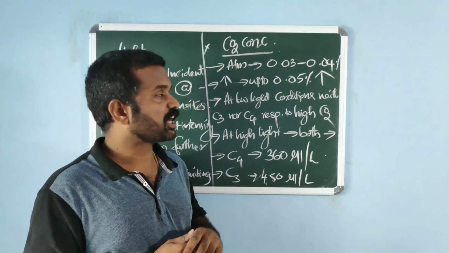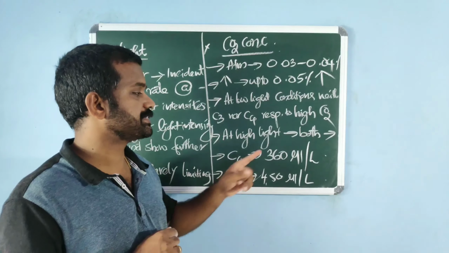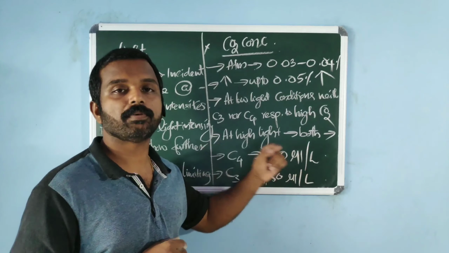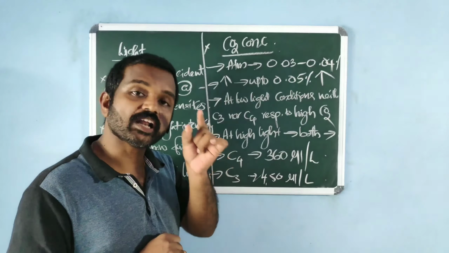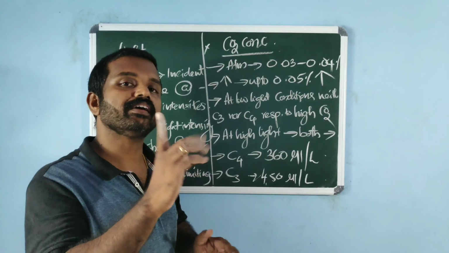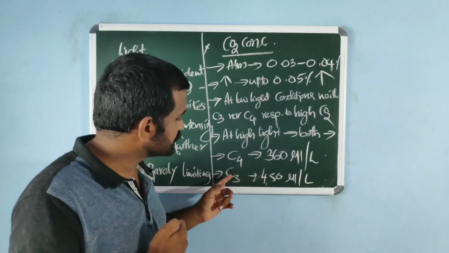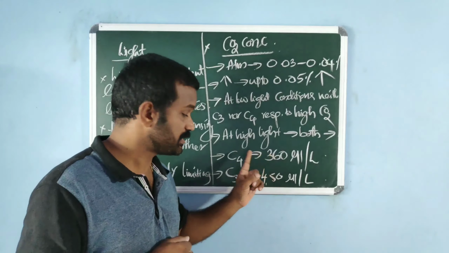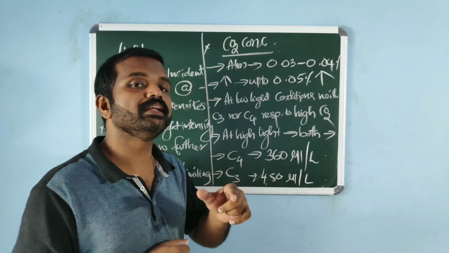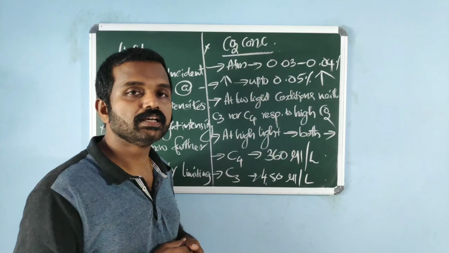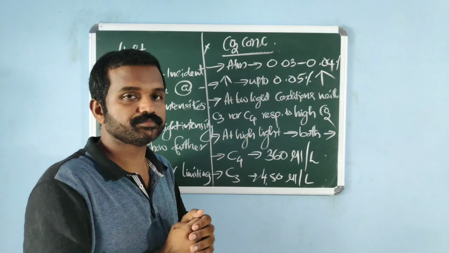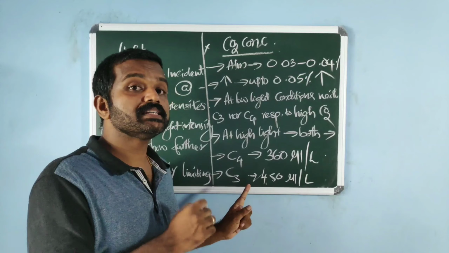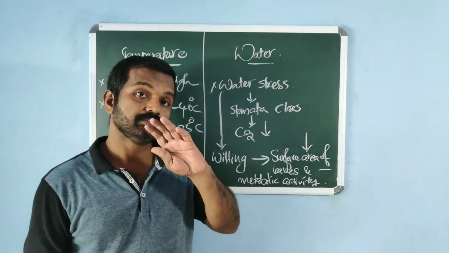In C4 plants, carbon dioxide saturation is attained at about 360 ml per liter, that is 360 ml carbon dioxide in 1 liter of air, whereas in C3 plants it is 450 ml per liter. That means when we increase the concentration of carbon dioxide, C3 plants benefit more.